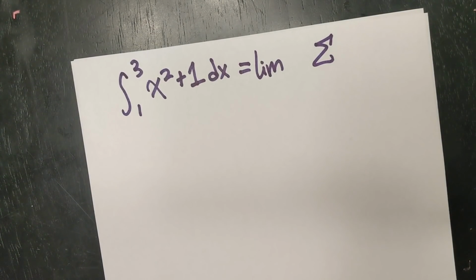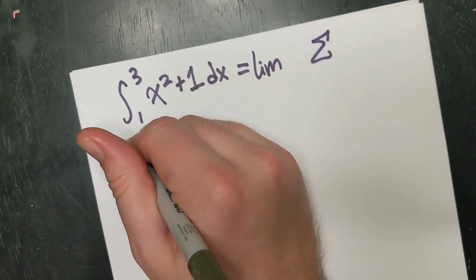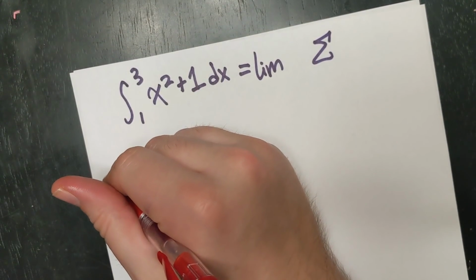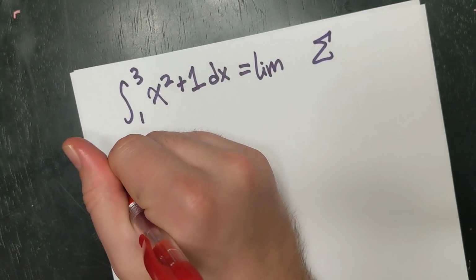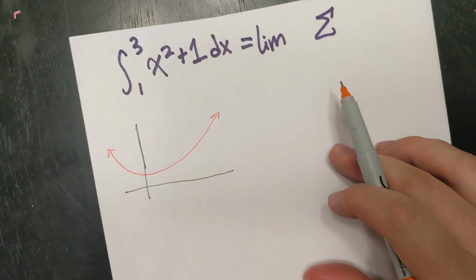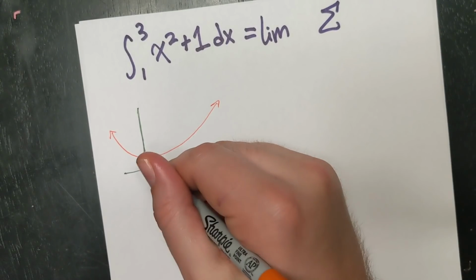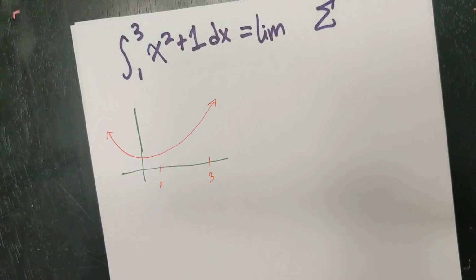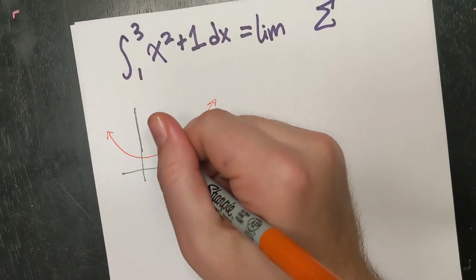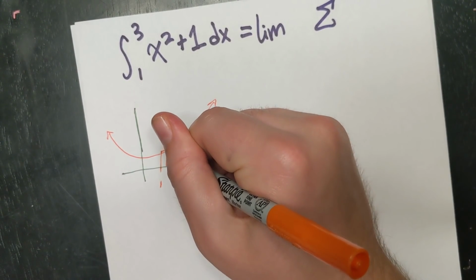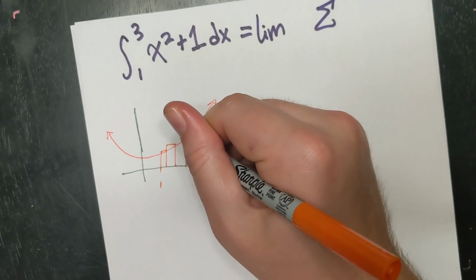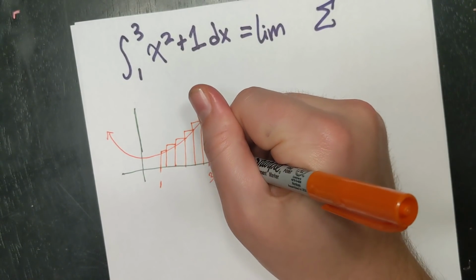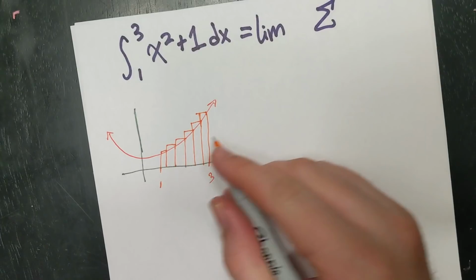So the picture you should have in your mind is you have some graph, something like this. You have some graph, and you're trying to find the area from 1 over to 3. Trying to find that area. And so the way we find that area is we break this up into a bunch of little rectangles, and then we just add up the area of these rectangles.